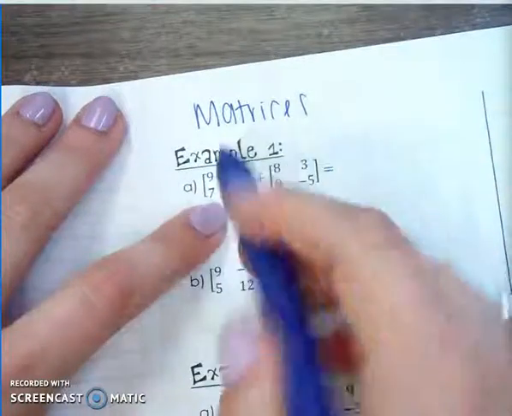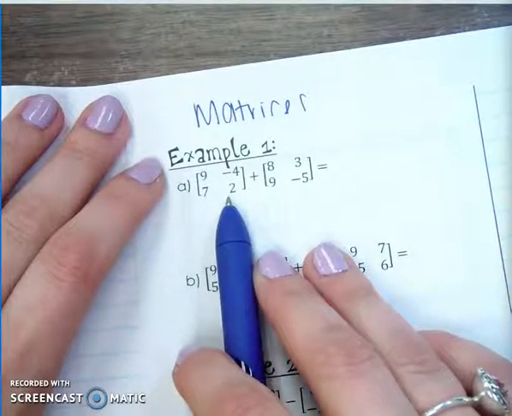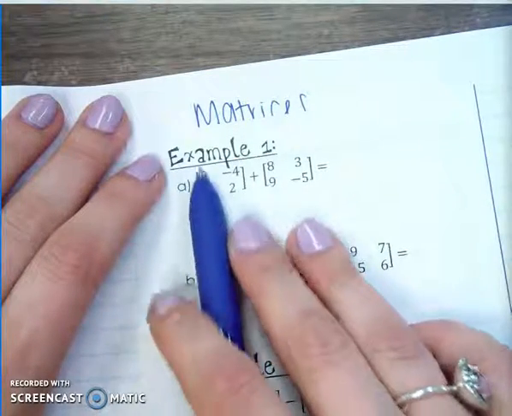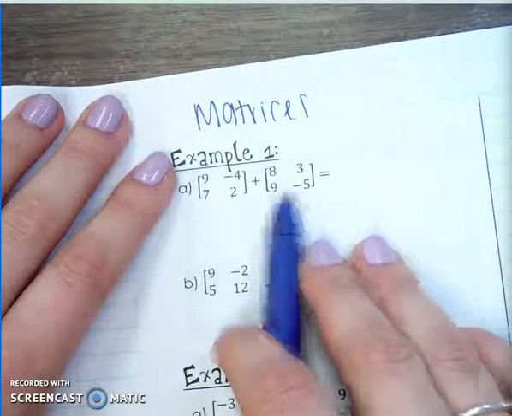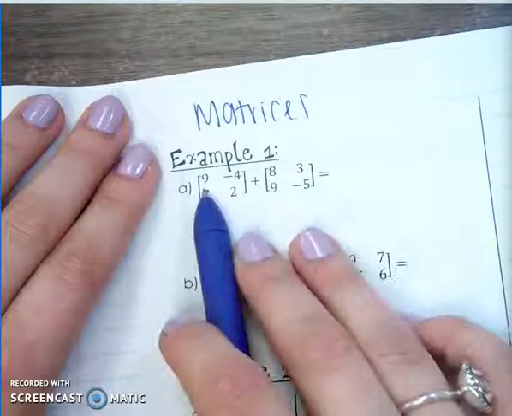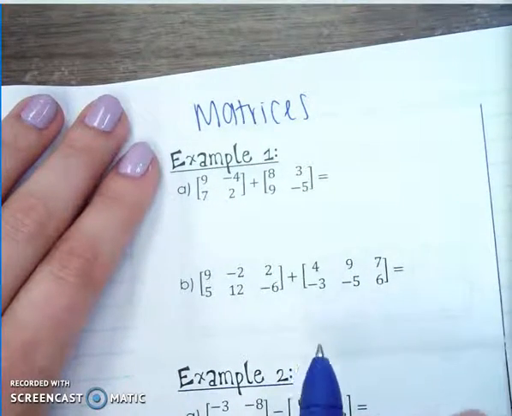We have two matrices here, so that's that set of data, rows and columns. This is your column here, and the row is across, and same here. There's your column and your row, and each individual number in the matrix is an element.